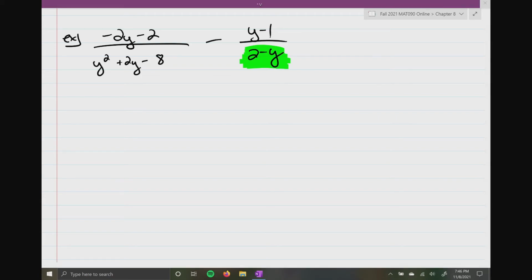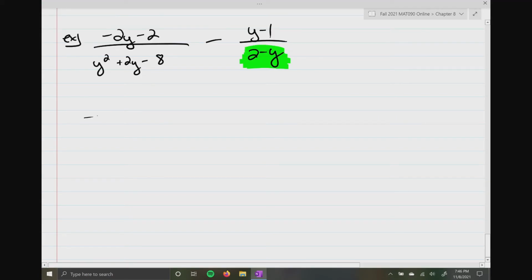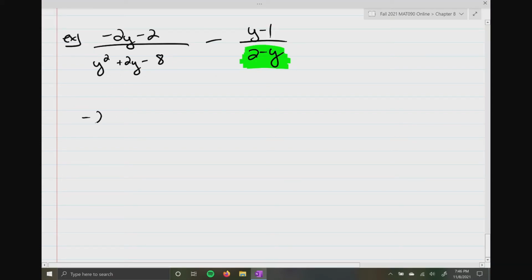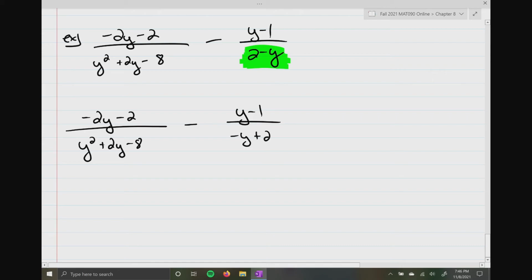So what I'm going to do is just rewrite this as negative 2y minus 2 all over y squared plus 2y minus 8 minus y minus 1 over negative y plus 2. Now, there is something else I hate.